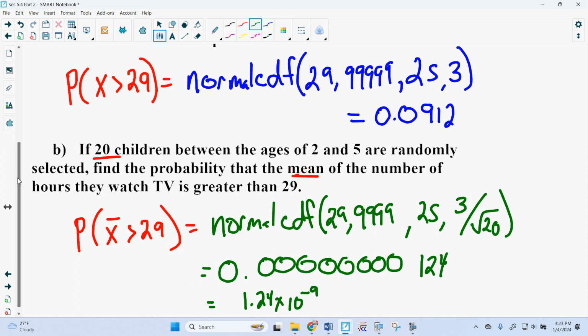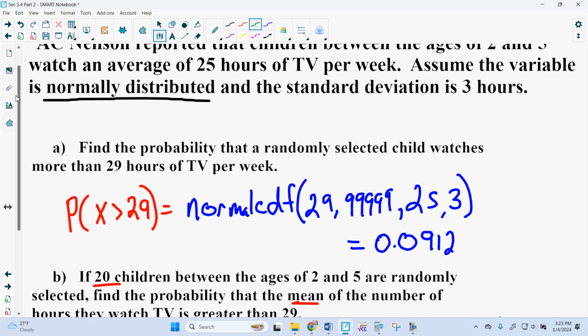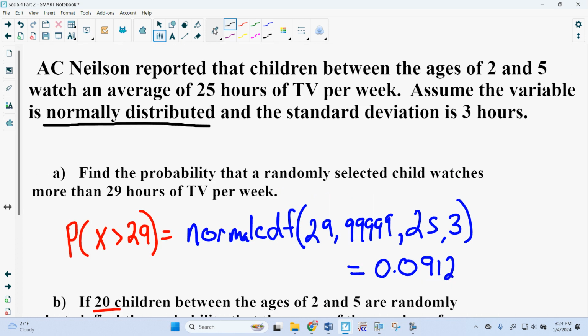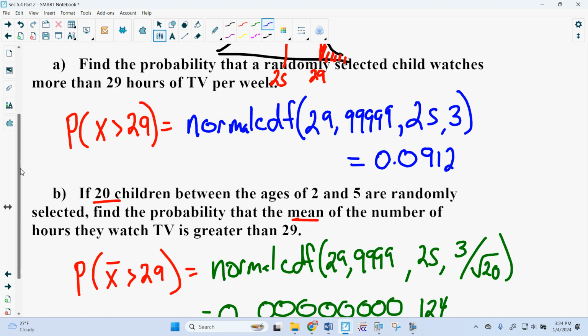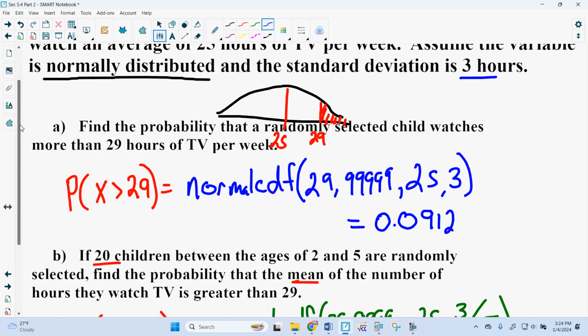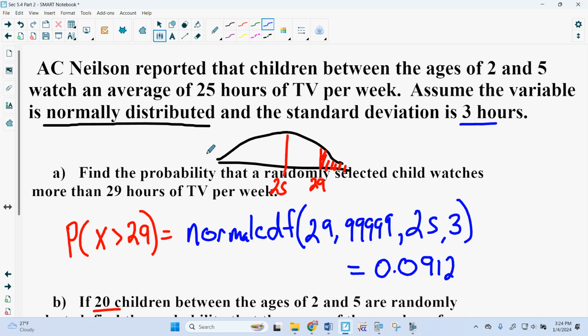Now, why does that make sense? Well, if you think about the distribution here, if we draw our normal curve, the mean's at 25. At 29, what's the probability we get more than 29? Well, when we have our just normal standard deviation of 3, there's going to be some up there. But when it's our sampling distribution and we divide by the square root of 20, our standard error gets much smaller.